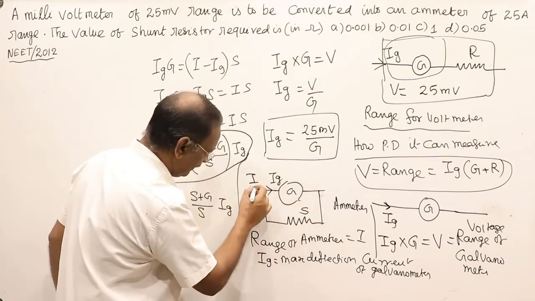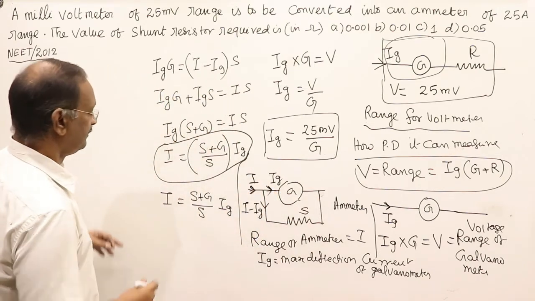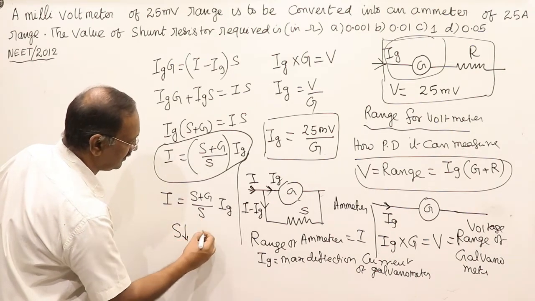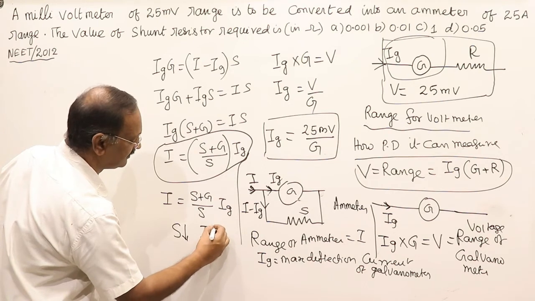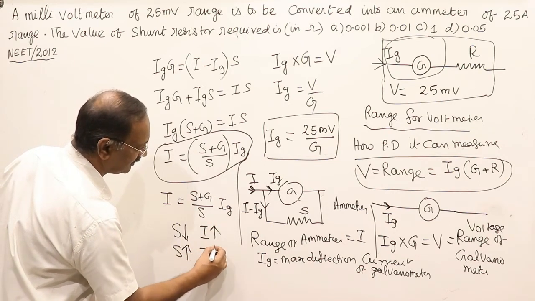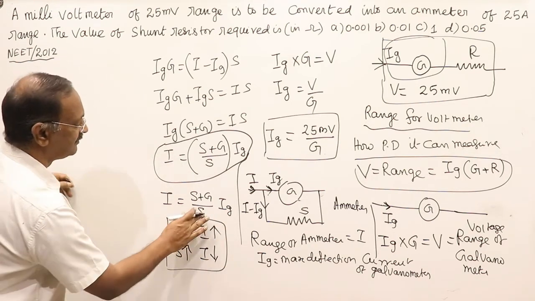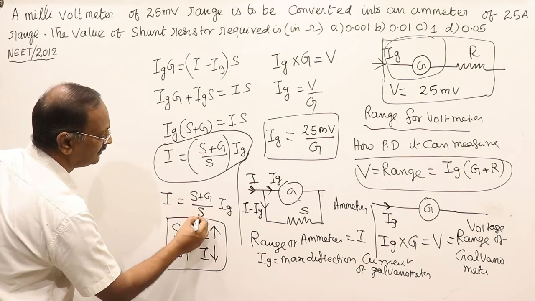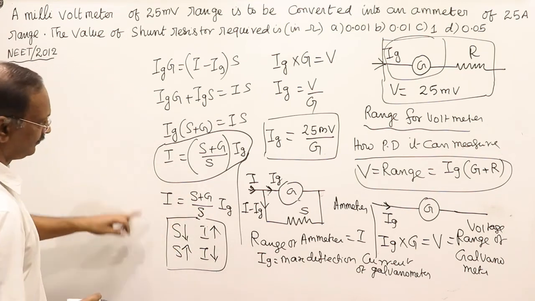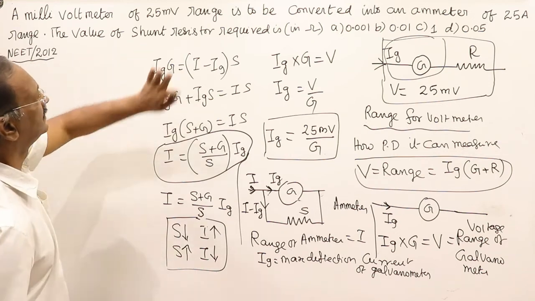The maximum current that can be passed through the ammeter. This is Ig. So the less the shunt resistance, the more the range, or the more the shunt resistance, the less the range. So the range of the ammeter depends upon the shunt resistor.